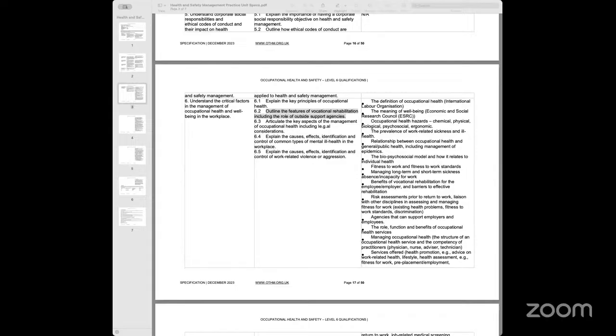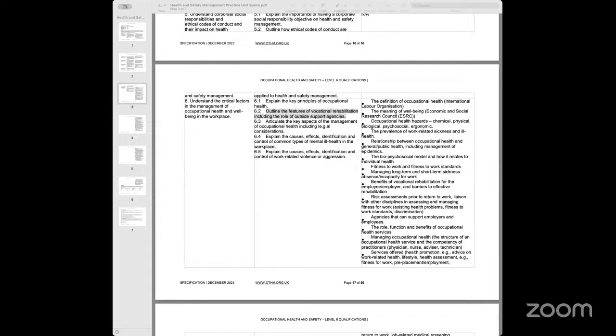So in such cases, when we do talk about vocational rehabilitation, we'll go into the discussion of understanding the role of outside agencies in particular, when companies are looking at using this process to help individuals, employees, staff, who have disabilities or illness or have suffered injuries and are now looking to return to work.